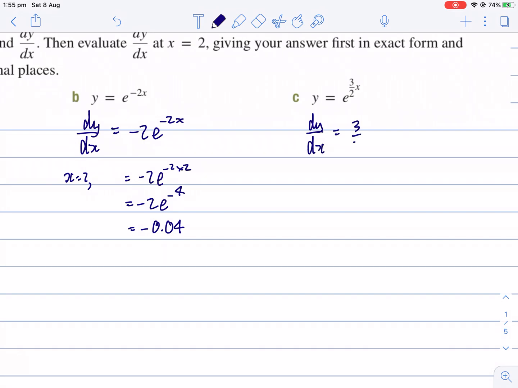So this is going to give us 3/2 e to the 3/2 x. We're going to end up with 3/2 e to the 3/2 times 2. So it's 3/2 e to the 3, which on the calculator is 30.13.